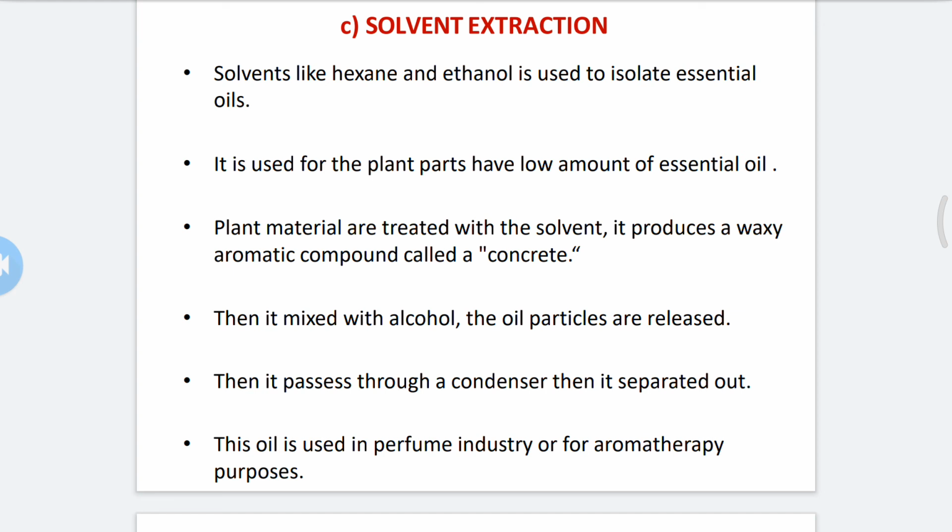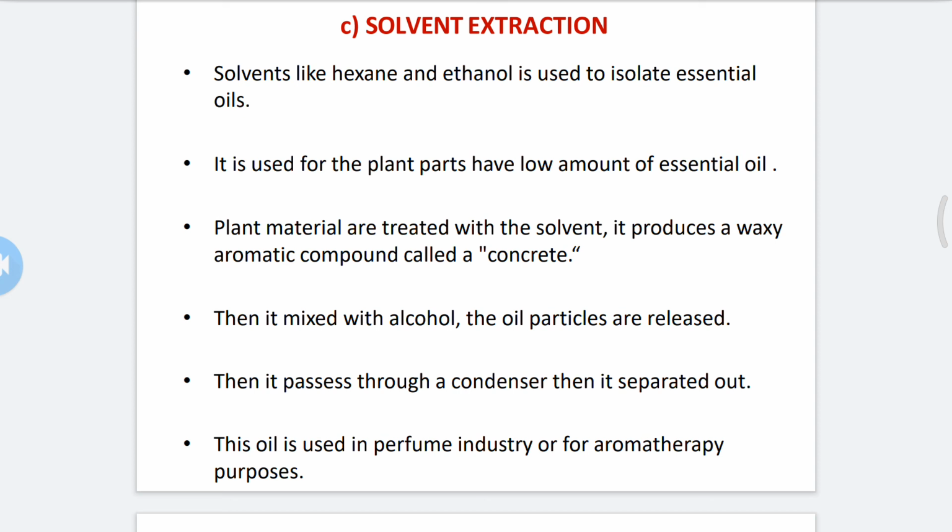It is used for plant parts having a low amount of essential oil. The plant material is treated with solvent and produces a waxy aromatic compound called concrete.